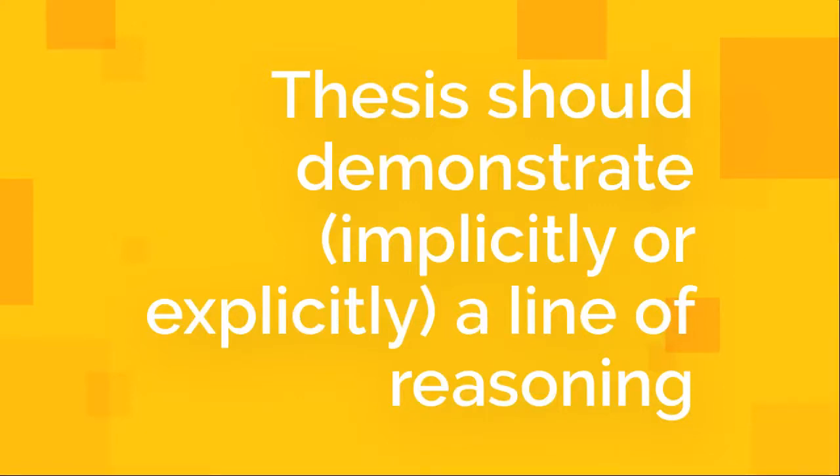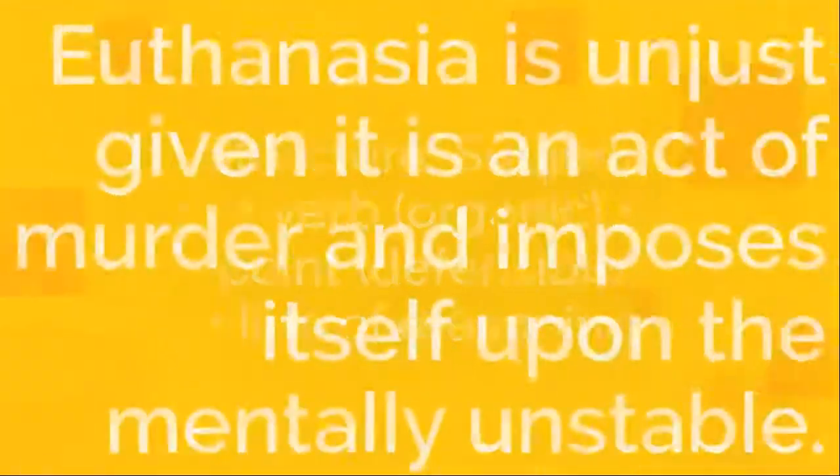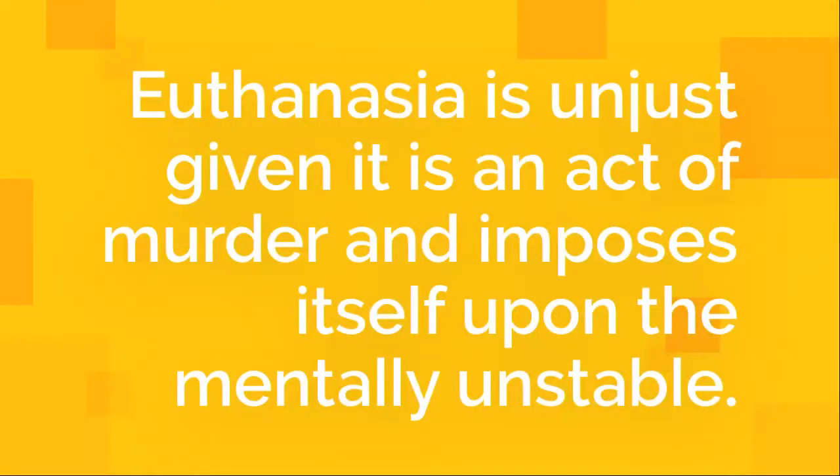So let's take a look at the structure here. Again, you're taking a subject, you're making a point about that subject, and now structurally you're adding a line of reasoning. So a line of reasoning is basically giving insight to the reader as to what the rest of your essay is going to talk about. So in other words, here's the subject and point: euthanasia is unjust.